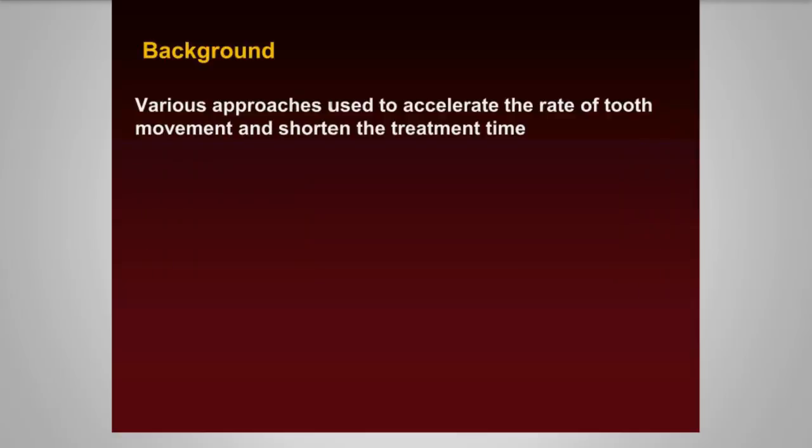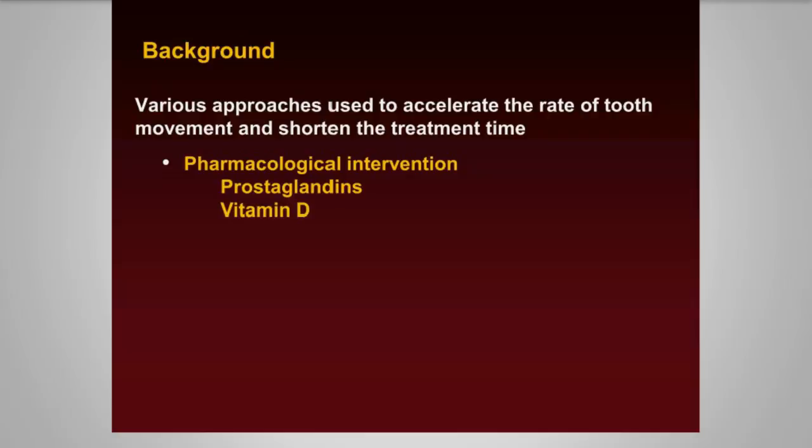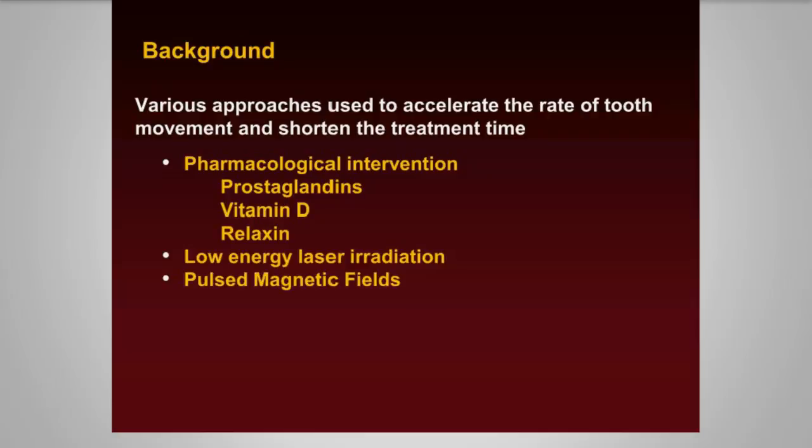For the background of that study, and the study is published now, so I will go quickly through some of these sections: there were a lot of approaches that were proposed historically to accelerate tooth movement, from different pharmacological interventions, which we've all heard about one way or the other, to laser radiation, pulsed magnetic fields, and surgically assisted orthodontic procedures.